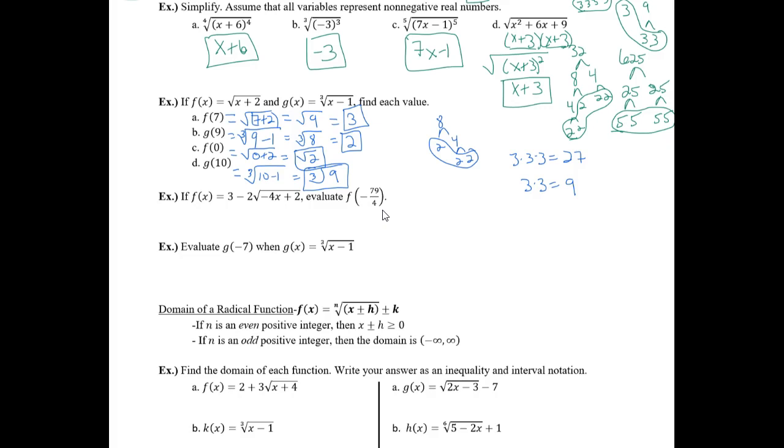So just be a little bit more cautious with your work. I'll use a different color here so we can differentiate our questions. So I want to know f of negative 79 fourths. So everywhere I see an x, I'm going to replace it with negative 79 fourths.